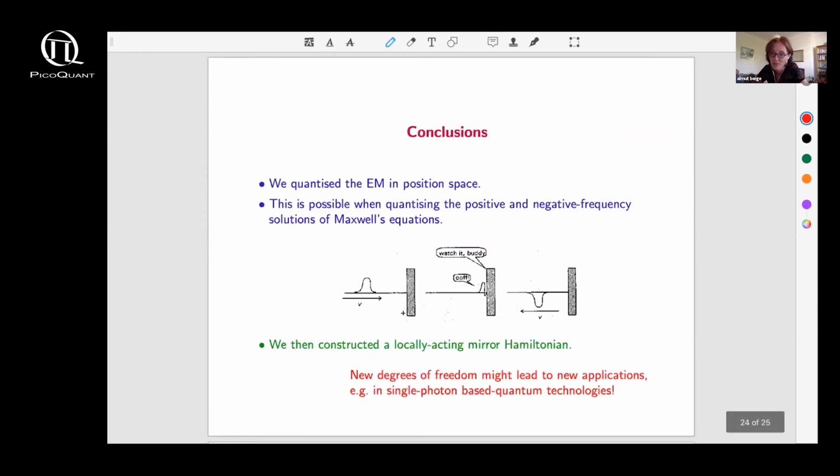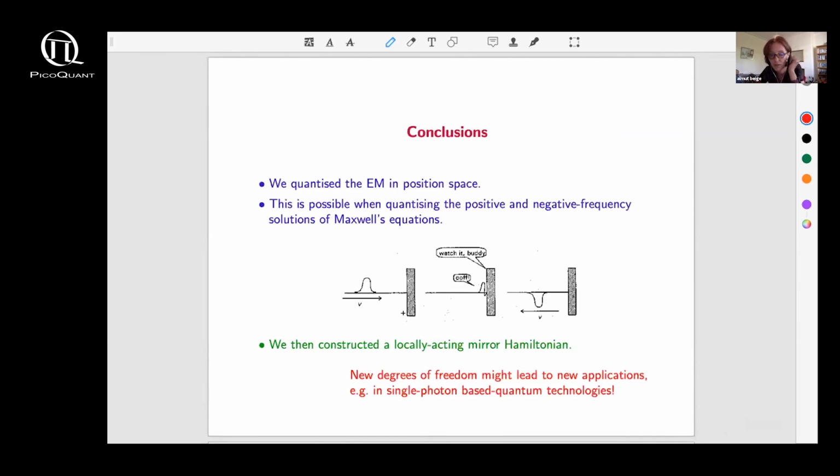So what I showed is we quantized the electromagnetic field in position space. We derived all the observables just from symmetries and basic principles. And what I would like to emphasize is that this is possible if we take positive and negative frequencies of Maxwell's equations into account. So you have to quantize both, and then you're also allowed to quantize in position space.